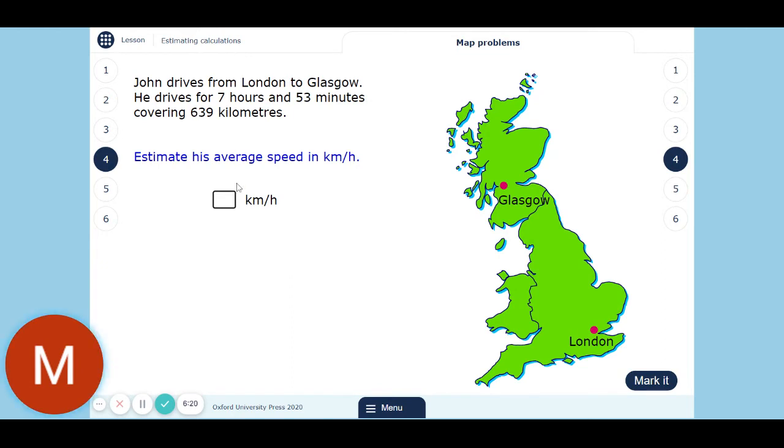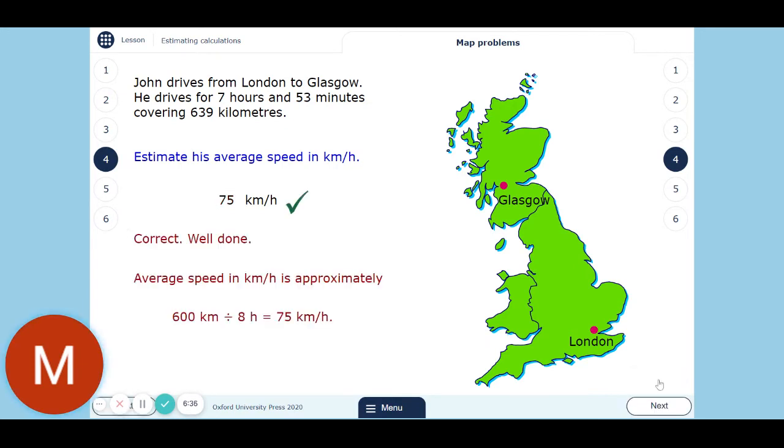So 639 is going to round to 600, and 7.53 is going to round to 8 hours. So 600 divided by 75, sorry, 600 divided by 8 is 75 kilometers per hour. His actual speed is going to be a bit different, but all we care about is approximate speed.